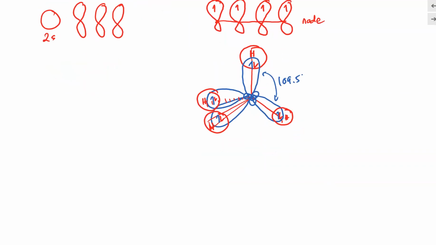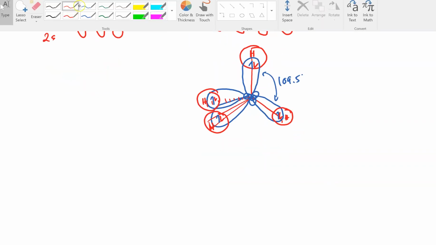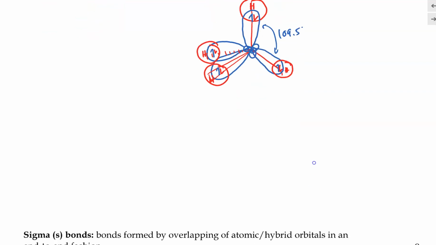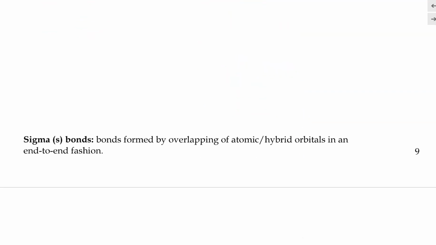Now, in organic chemistry, we tend to label bonds, and this bond right here is something that we would describe as a sigma bond. A sigma bond is basically a bond that is formed by the overlapping of atomic or hybrid orbitals in an end-to-end fashion.